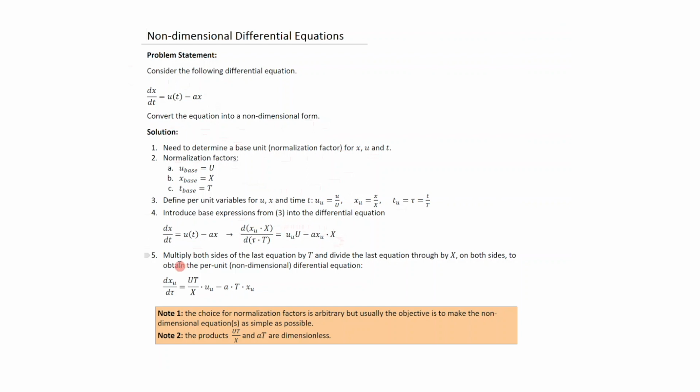Now what we do is multiply both sides of the last equation, that's this one, by T, and divide the last equation all through by X on both sides to obtain the following non-dimensional differential equation. Tau has no units, x per unit has no units, u per unit has no units. If you look at the units of these combined constants, they have no units. If you look at the combined value of these two, they have no units.